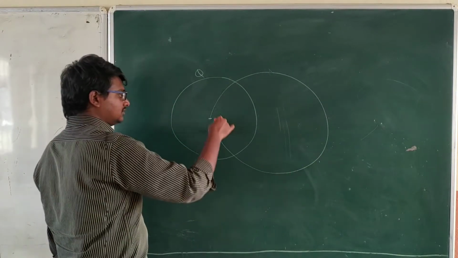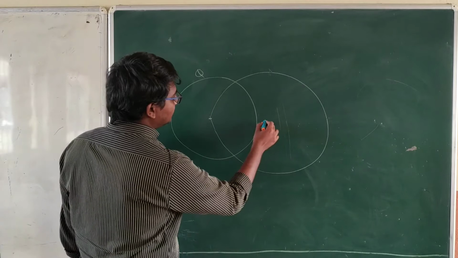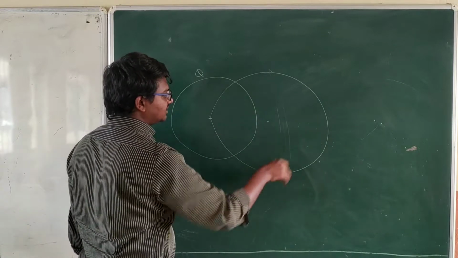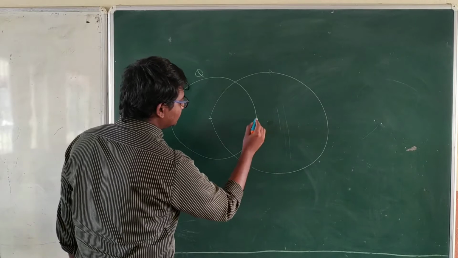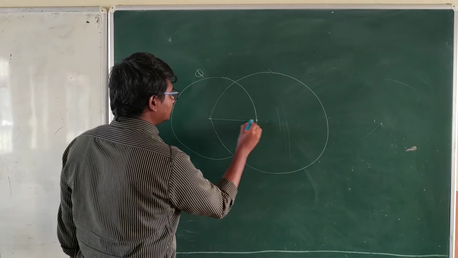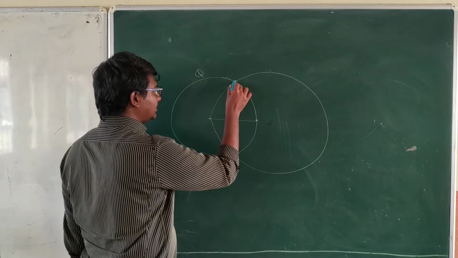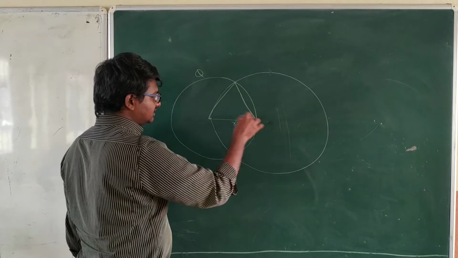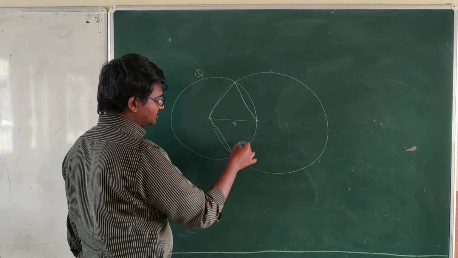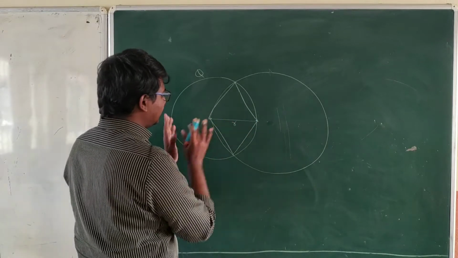Another circle I am considering is actually a sphere, of the same radius. Both have the same radius and their edges are touching their centers. In this manner it is arranged.